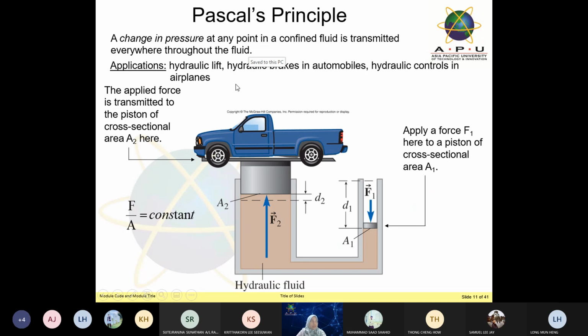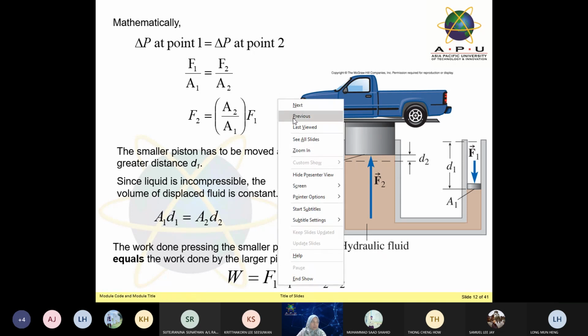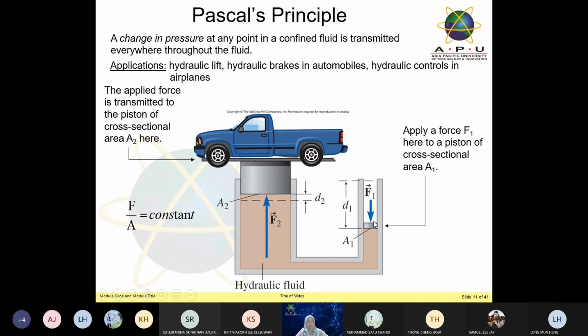So application, where to use it? Application is where you can use this principle. This Pascal principle can be used as the hydraulic lift, in the hydraulic brakes, or in the hydraulic control in airplanes. So there are three applications given here in this slide.